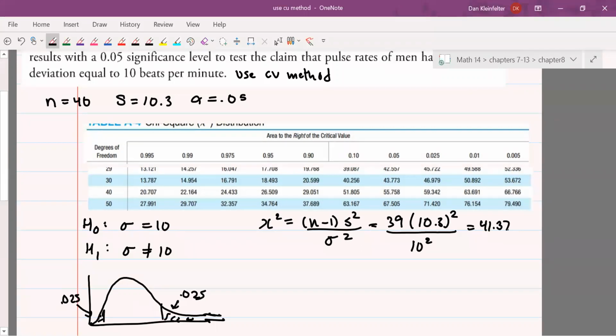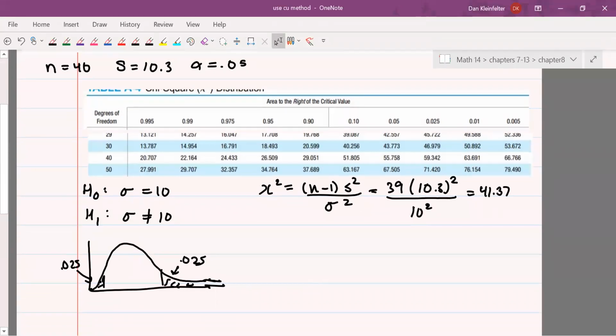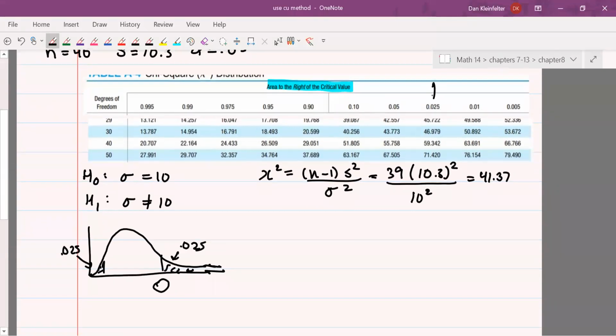Now our critical values. Our alpha 0.05, two tails, makes it so that there's 0.025 in each tail. Remember that the table is going to give us area to the right. So for the right-hand critical value, the area to the right will be 0.025, so we'll be in the 0.025 column.